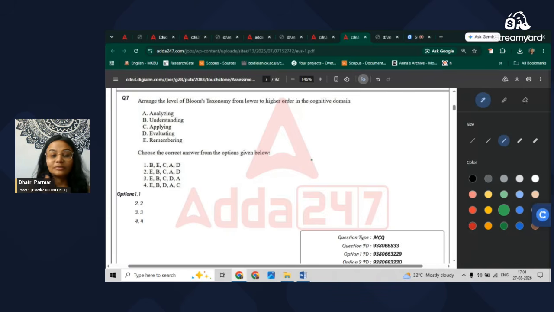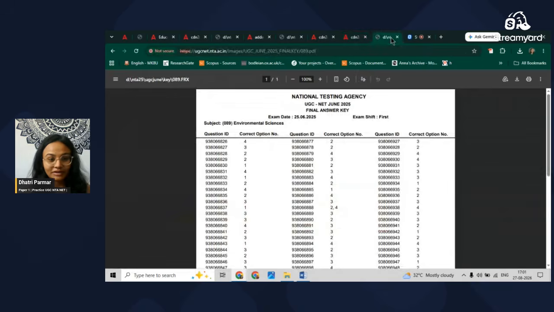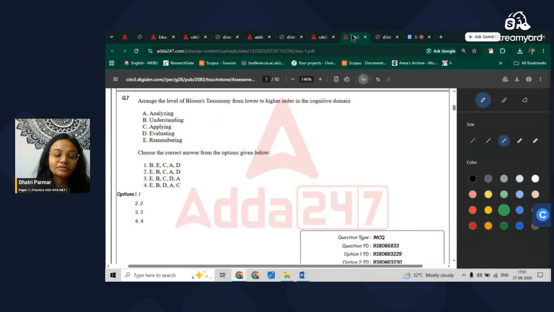So applying would be the last one among these, and so far it is appearing in option D. Let's cross check it so that we do not get the wrong answer, and this is the answer: starting from remembering, followed by understanding, applying, analyzing, and then evaluating. The last, as far as I know, is creation. So that's how it is stratified.